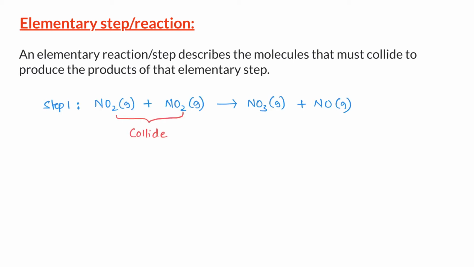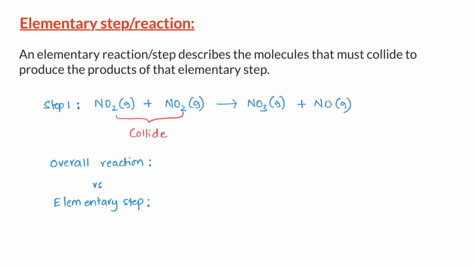For example, elementary reaction 1 in the previous slide means that an NO2 molecule collides with another NO2 molecule to form NO3 and NO. One of the biggest differences between an overall reaction and an elementary reaction is the following.